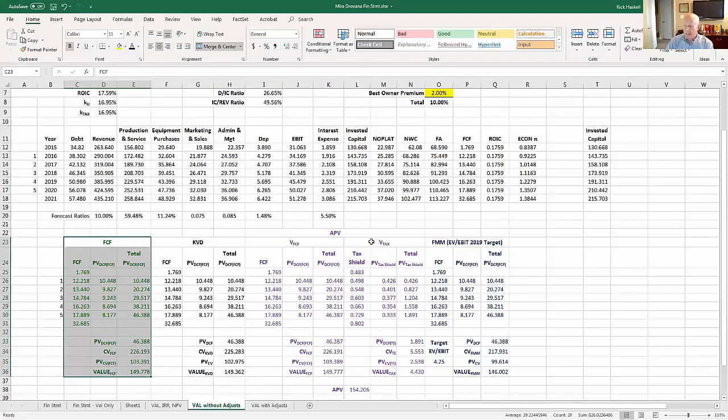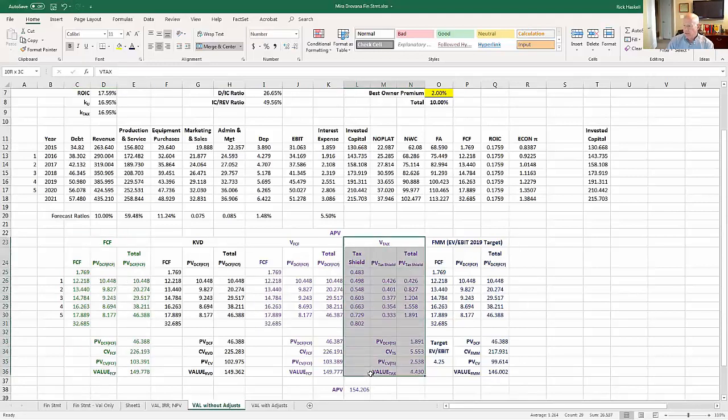But we're adding to that cash flow. We're adding the tax shield to it. So we would have to add to this VFCF the V-tax to get to this APV, the adjusted present value of 154.2.